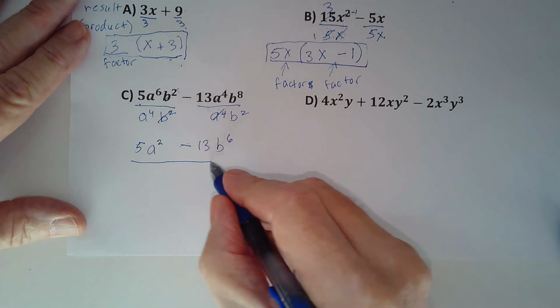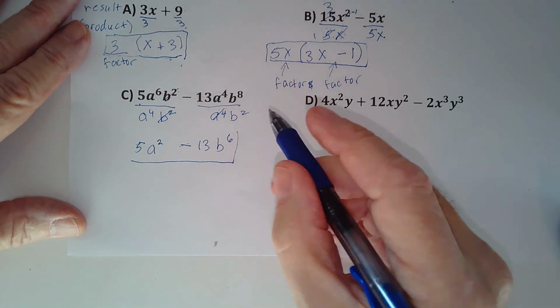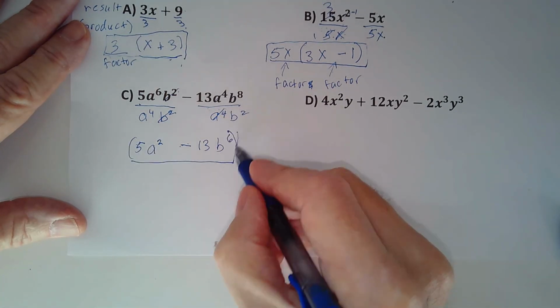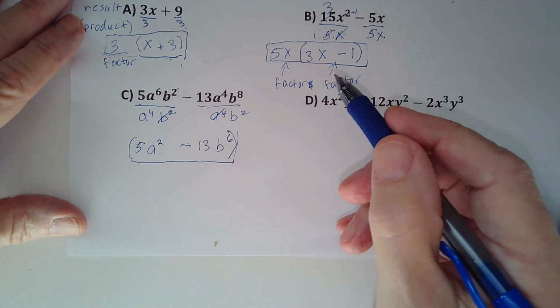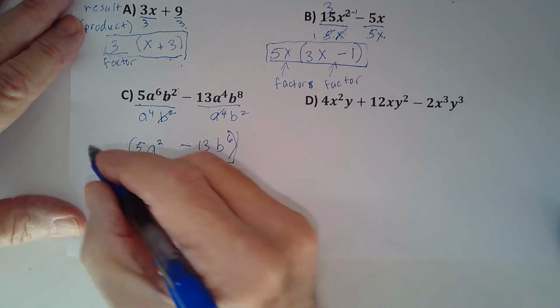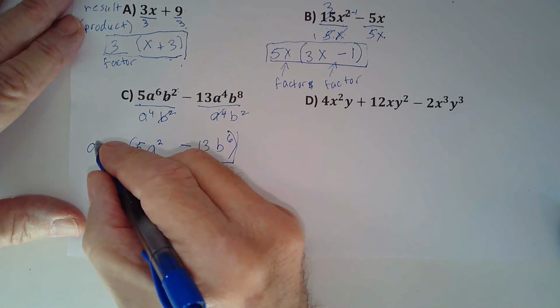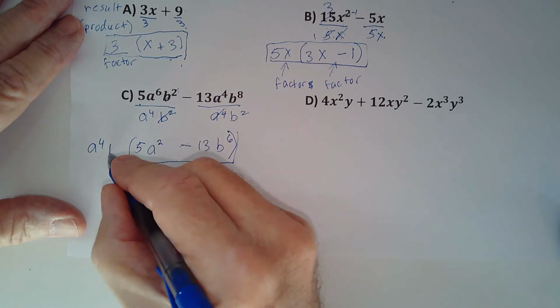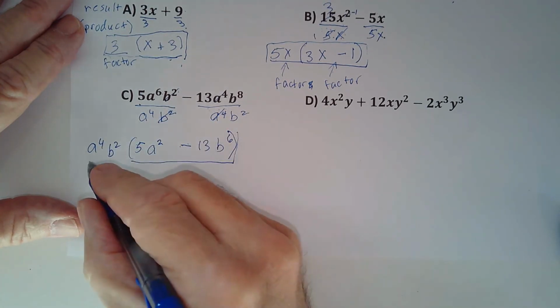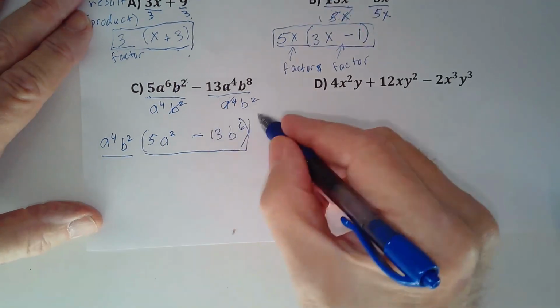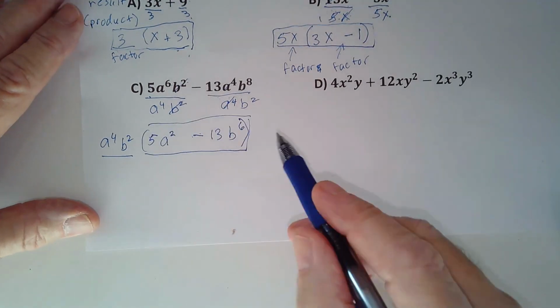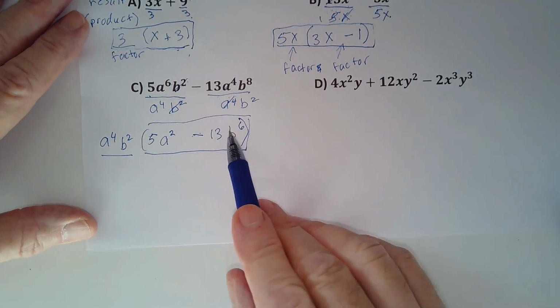So that's what I factored out, and the factored number was a to the 4, b to the 2. Okay? All right, so like I said, there are several ways they could have you do this.